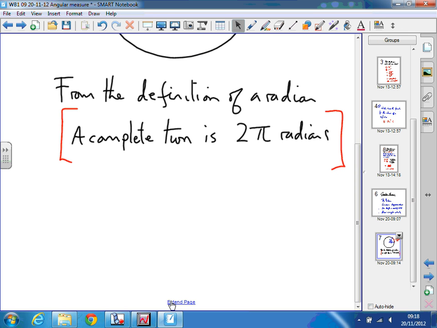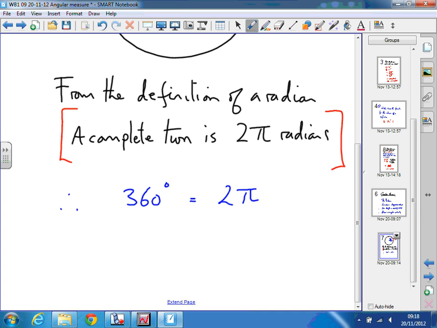So we need to be able to convert from radians to degrees and back again. That's straightforward, because we know that a complete turn is 360 degrees, and that's equivalent to 2 pi. So there's our conversion factor. 360 degrees is 2 pi.